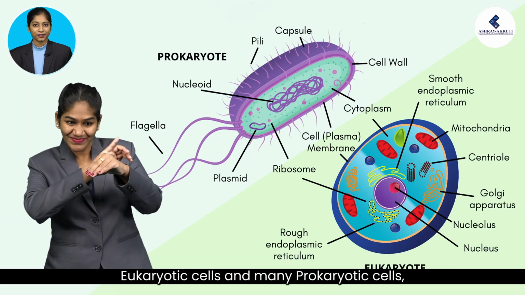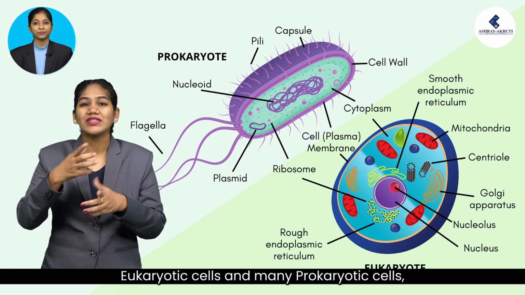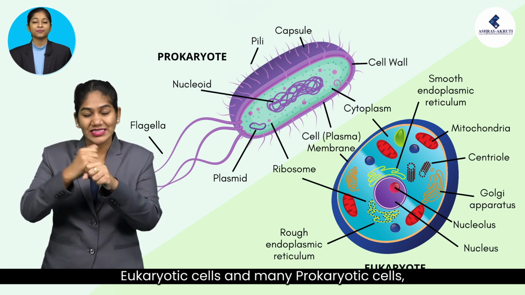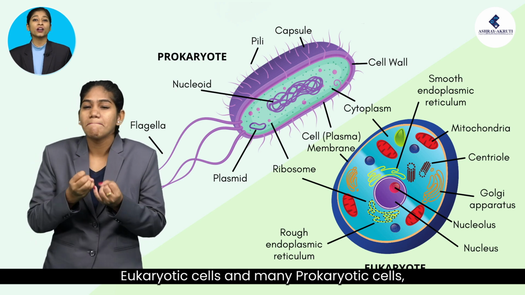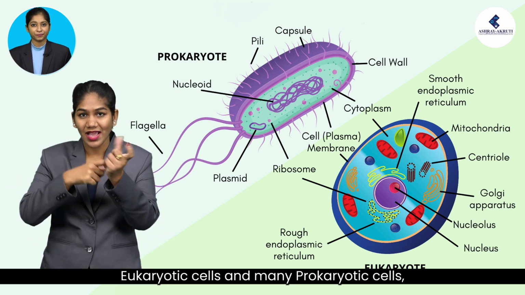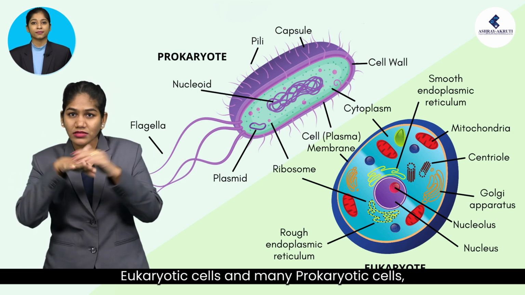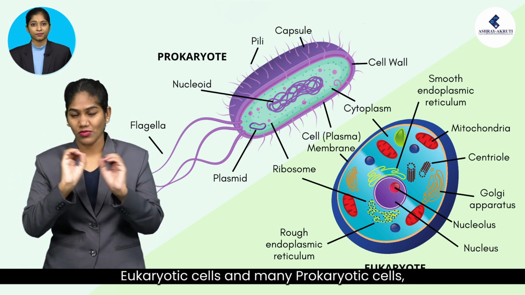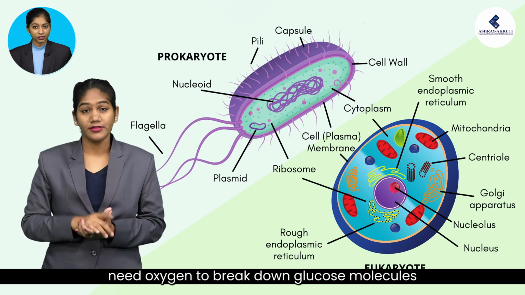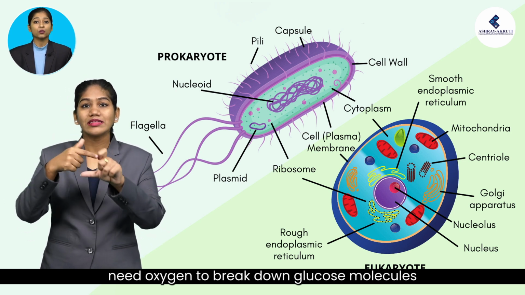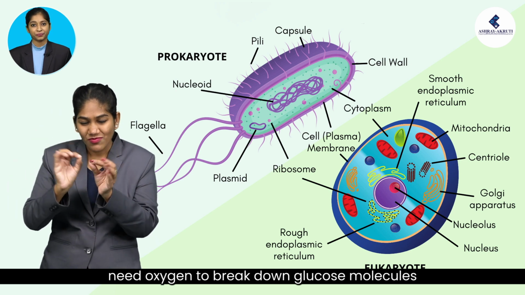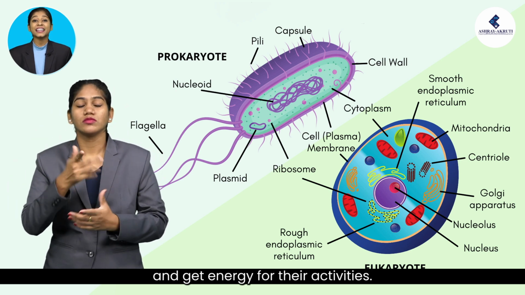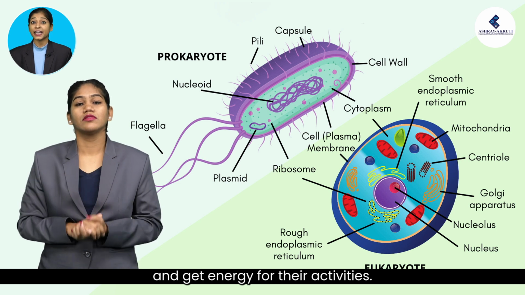Eukaryotic cells and many prokaryotic cells need oxygen to break down glucose molecules and get energy for their activities.